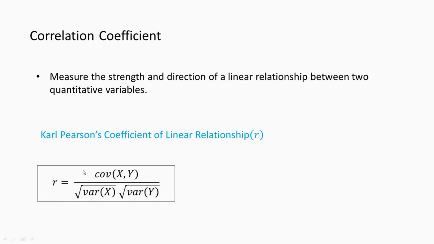This is the equation for the correlation coefficient. To find the correlation coefficient, we should know the value of the covariance between x and y, and also the variance of x and variance of y. Here we are using the standard deviation value.